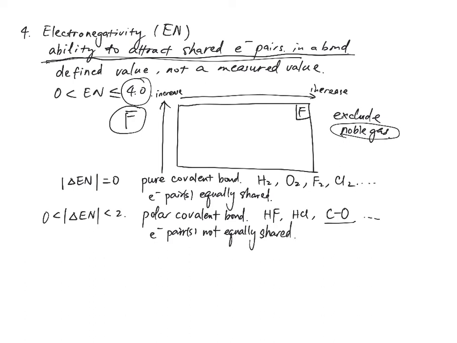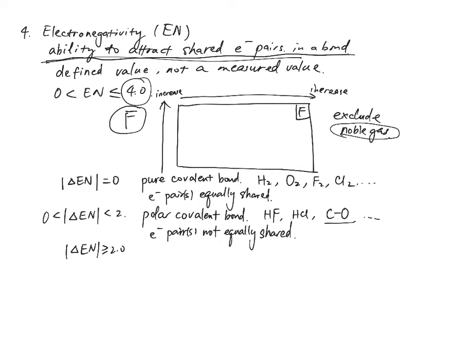Now, what if you have two elements having a huge electronegativity difference, delta EN? What if it's bigger than 2.0? Well, imagine you have two elements trying to compromise, trying to make a chemical bond so that they can get octets.